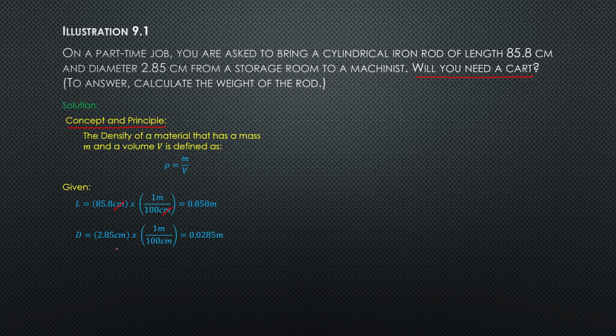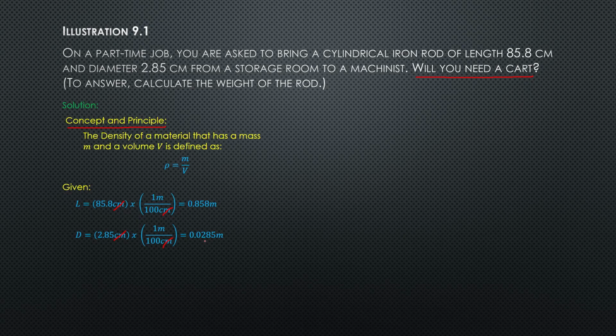Now the diameter of the rod is also given, 2.85 centimeters. Converting that to meters, multiplying it by 1 meter over 100 centimeters, the centimeter will be eliminated, so that gives you 0.0285 meters.